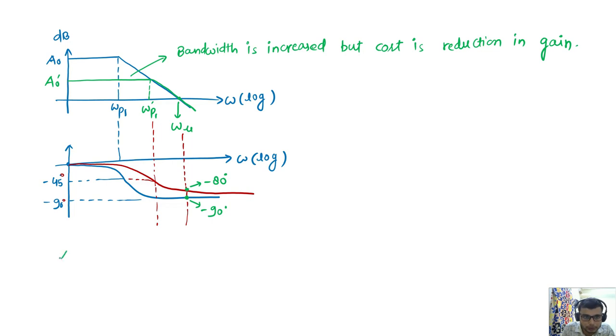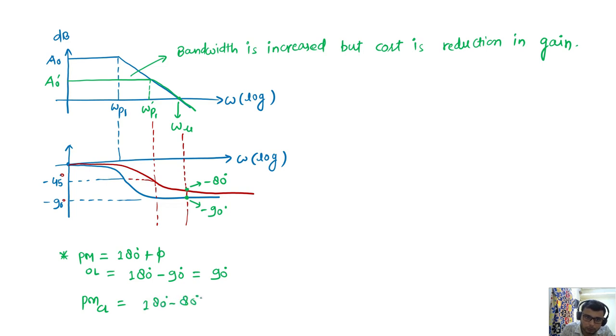In general, phase margin is 180 plus the angle of the system. So 180 minus 90 gives the phase margin of the open loop first order system, and for the closed loop system the phase margin is 180 minus 80 degrees.